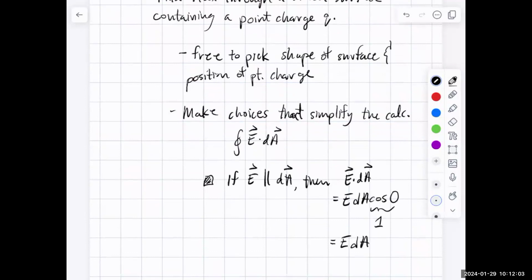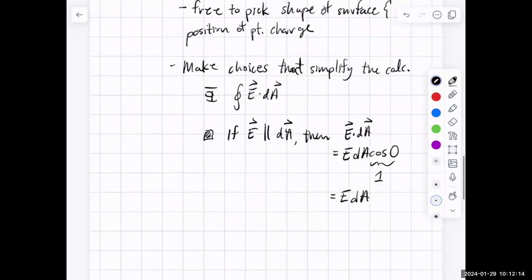So we eliminate the dot product, and in fact, we get rid of all of the vector stuff out of this expression for the flux. Okay. So another possibility is that we choose the electric field to be perpendicular to dA. Then E dot dA will be equal to E dA cos of 90 degrees.